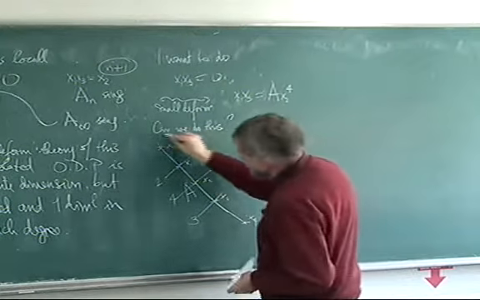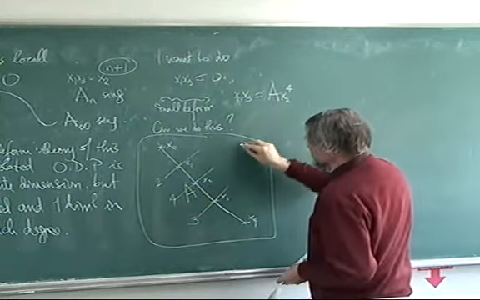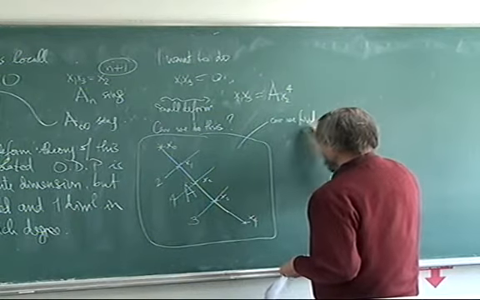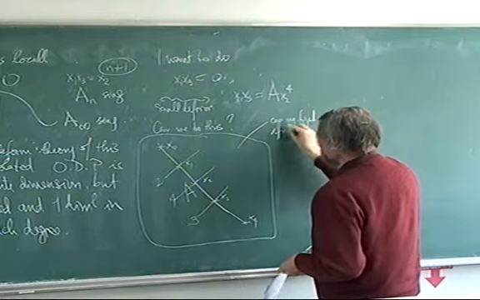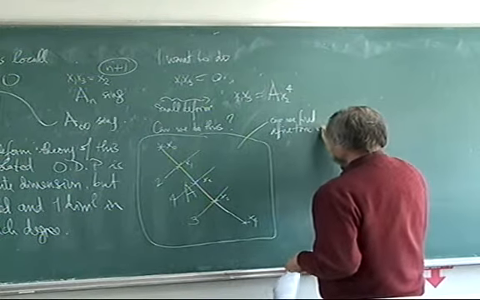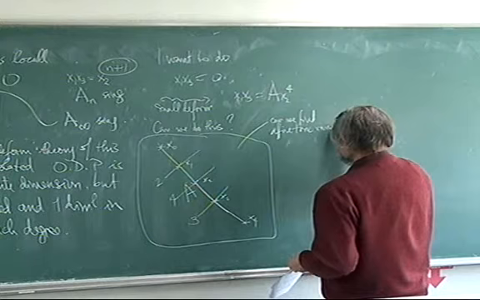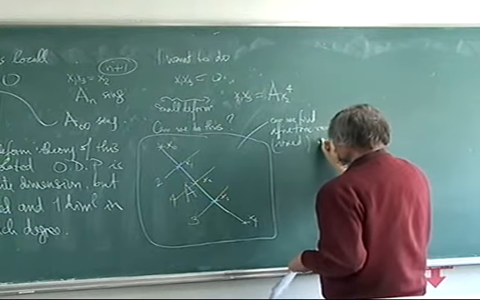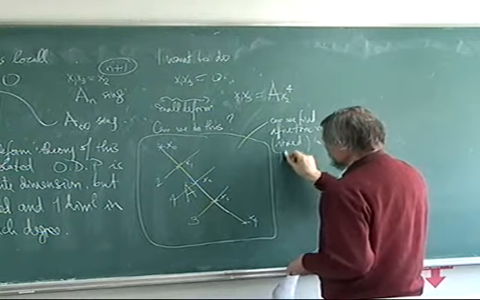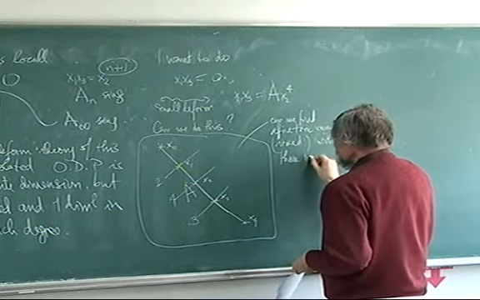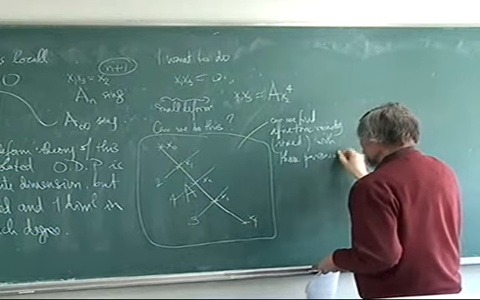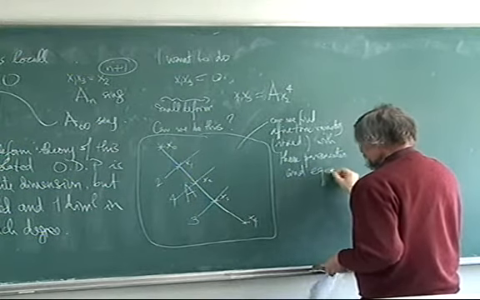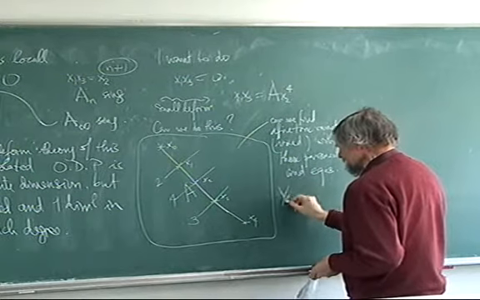So in other words, can we find an affine toric variety? I want it to be irreducible with these parameters and equations. And the answer is obviously yes.